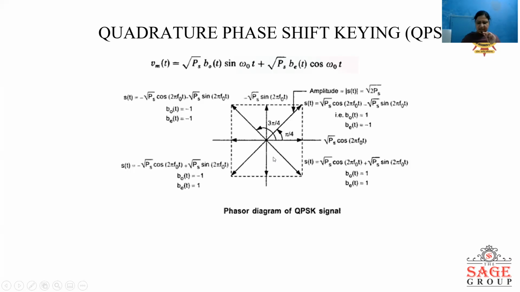So we can see that the four signals have been represented as phasors. They are in mutual phase quadrature. These four possible output signals have equal amplitude, which is root PS, and they are identified by the corresponding values of B0T and BET.